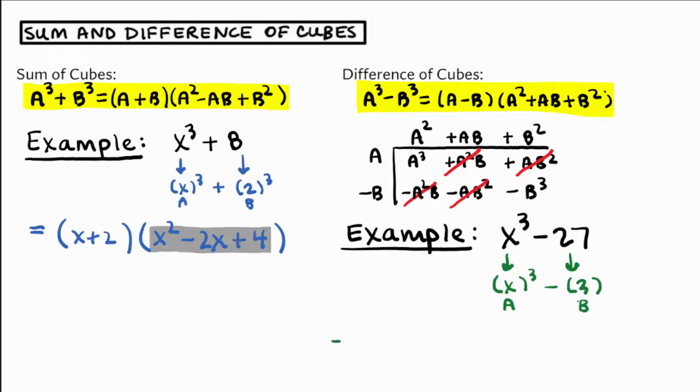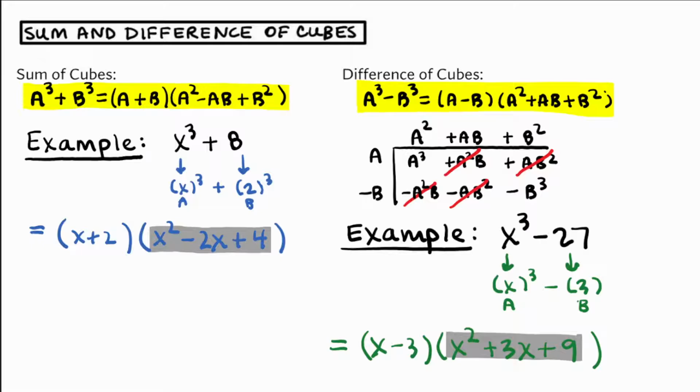So this factors into a minus b, so x minus 3, multiplied by a squared, that's x squared, plus a times b, so plus 3 times x, plus b squared would be plus 3 squared, which is 9. And once again, just to remind you, this thing right here will never itself be further factorable. And that's sum and difference of 2 cubes.